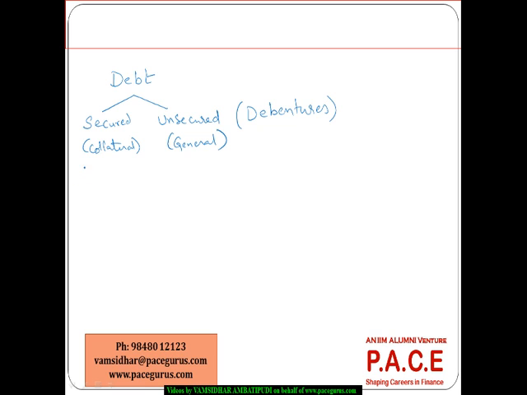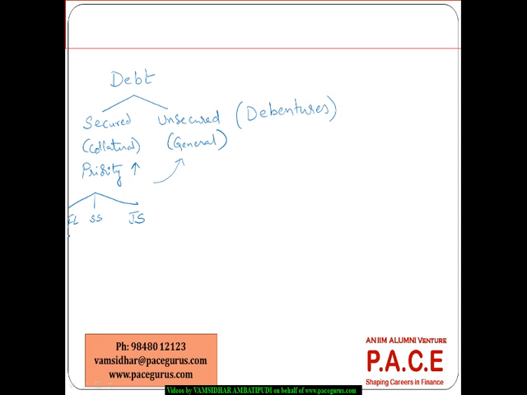So priority-wise, the secured group will have a higher priority in terms of settlement when the company is going bankrupt or getting wound up, liquidated. Only after the payment of all these secured investors do payments start flowing in for the unsecured ones. Again, in this we could see something called a first lien, or senior secured, or junior secured.